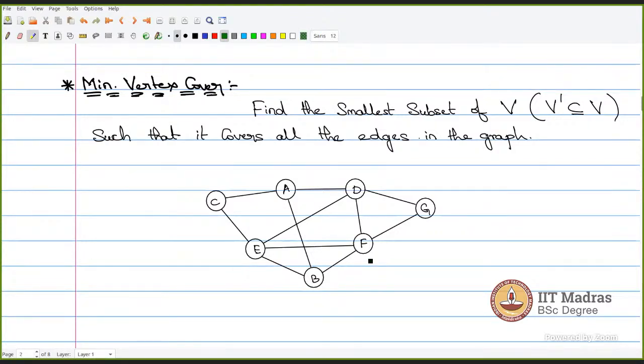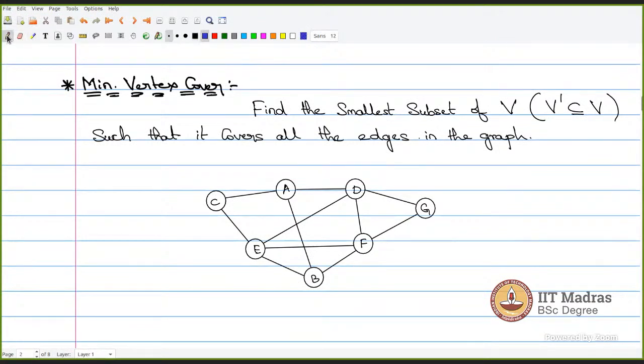So for a vertex cover, we should find the smallest subset of V, let's say V prime. I am going to take a subset of the set of vertices such that it covers all the edges in the graph. Covering an edge means I should choose at least one end of the edge.